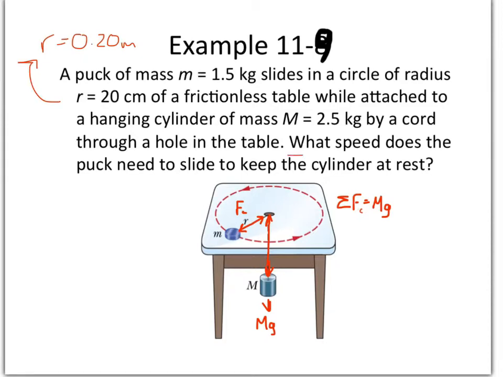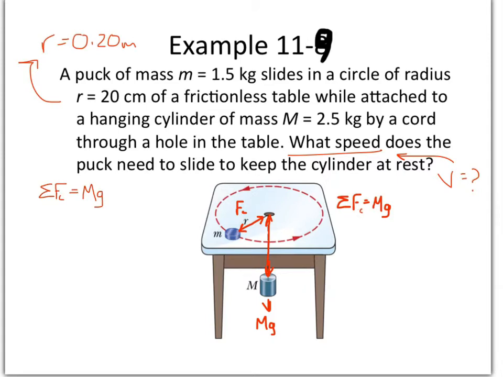So what we want to find is the velocity required such that the inward centripetal force pull is the same thing as the downward pull of capital Mg. Okay, so let's make a few statements right here. The net centripetal force on the puck is equal to what? We said that just a minute ago. Capital M times g, the weight force of that hanging mass under the table.